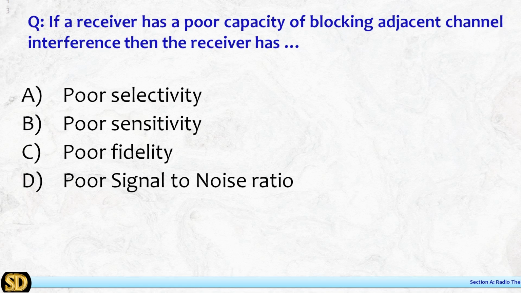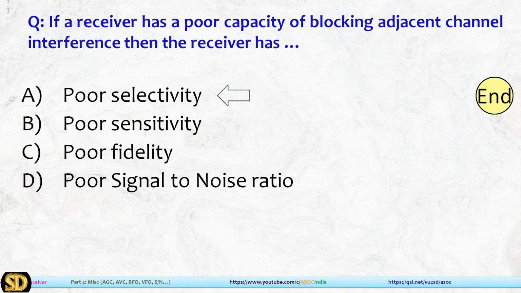If a receiver has a poor capacity of blocking adjacent channel interference, then the receiver has what? Poor selectivity, sensitivity, fidelity, or signal to noise ratio. Choose the right answer. Poor selectivity. Remember, poor selectivity is directly related to adjacent channel interference.